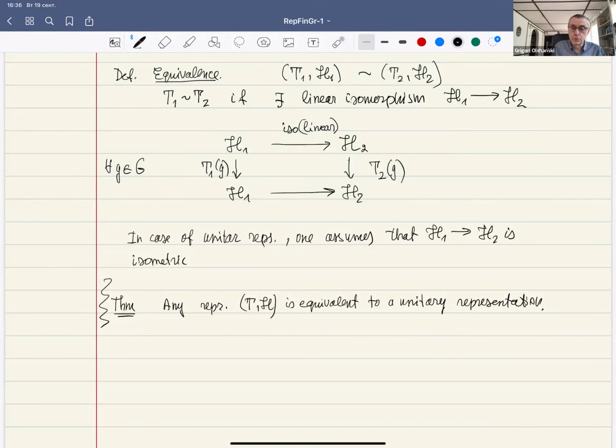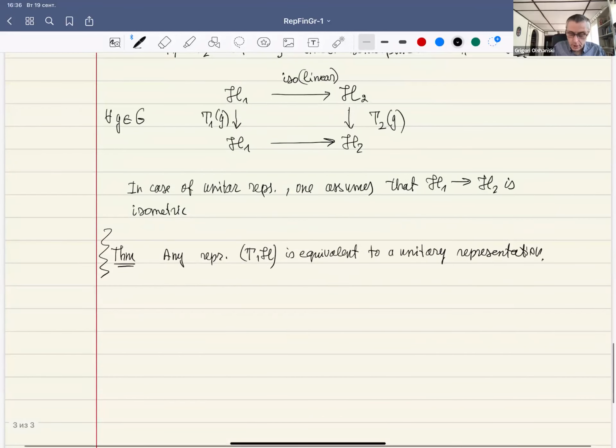So the idea is as follows. What do we have to prove? We want to prove there exists a scalar product which is G invariant.